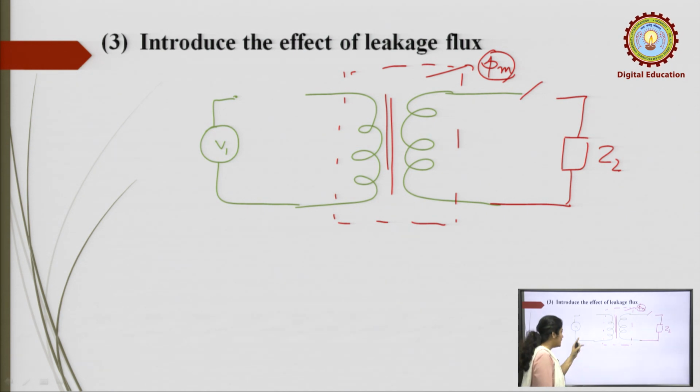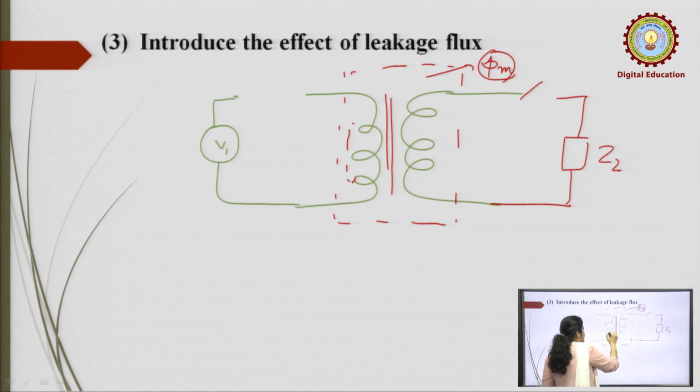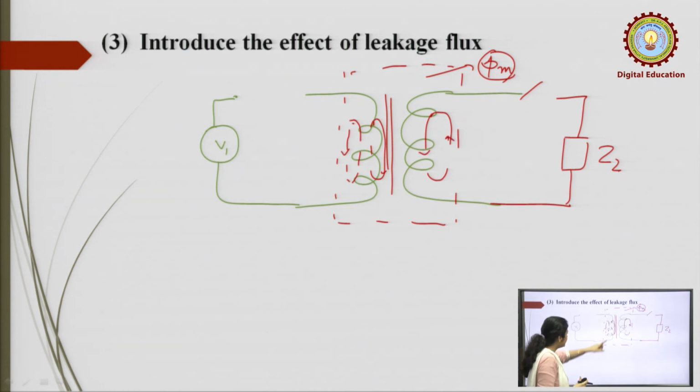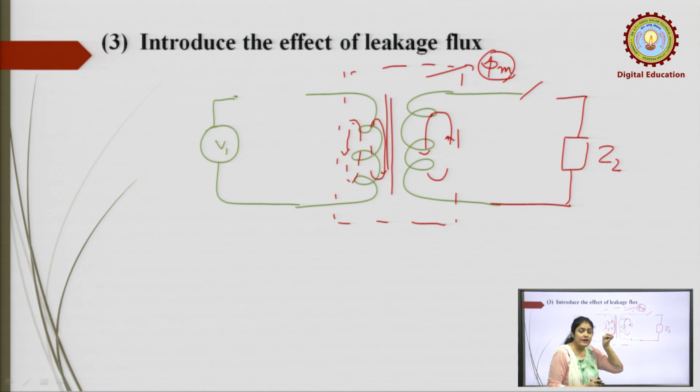But due to the presence of leakage flux, some flux is connected through the primary winding only, and some flux is connected through the secondary winding only. The magnetizing flux is confined within the core, but this leakage flux is confined within the air only.